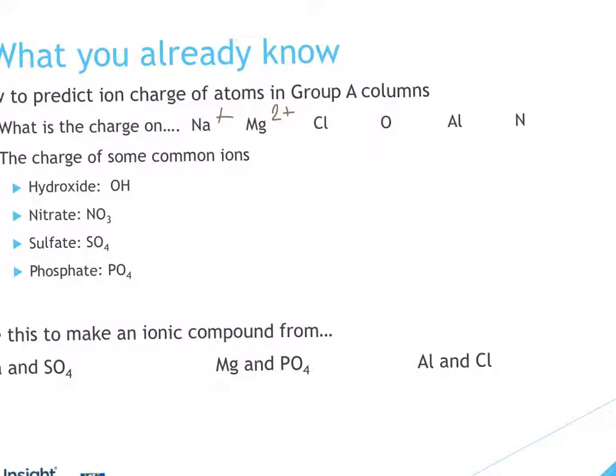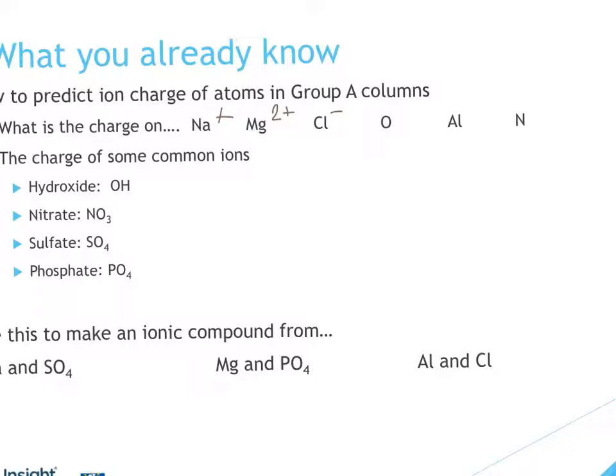Really pause the video and make sure you can do this on your own before I finish this, but if you're not sure, listen along. Chlorine is in group 7A, which means it has 7 valence electrons. Instead of giving up 7 electrons, we're 1 away from that octet that the noble gases have, so it's going to take on an extra electron, which would give it a -1 charge.